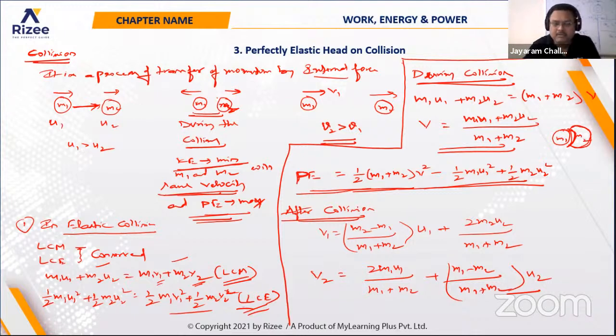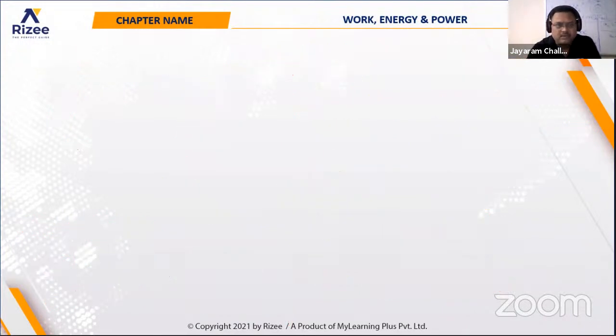Or if both the balls are traveling in opposite directions, then instead of the plus sign here, you will get the negative sign. For all the cases, u1 has to be greater than u2. Unless this happens, you cannot have the collision, and you cannot have the perfectly elastic head-on collision.